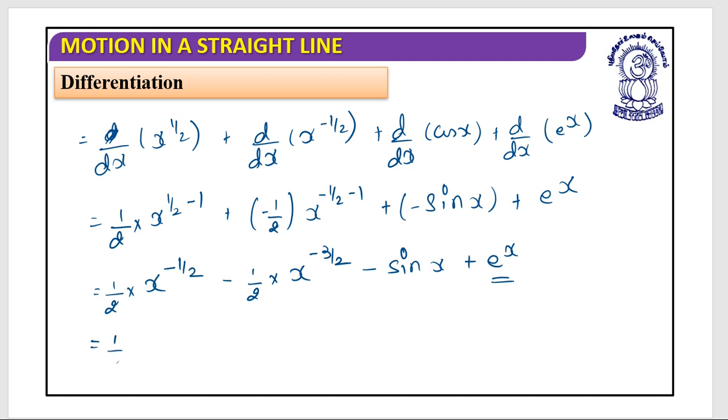If you want to simplify it more, it would be 1 by root x, because power is 1 by 2, minus 1 by 2 into 1 by x to the power 3 by 2, minus sin x plus e to the power x. Are you done with this? Are you sure? Okay.